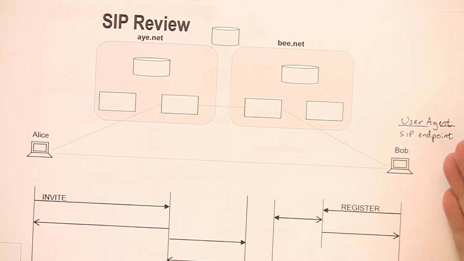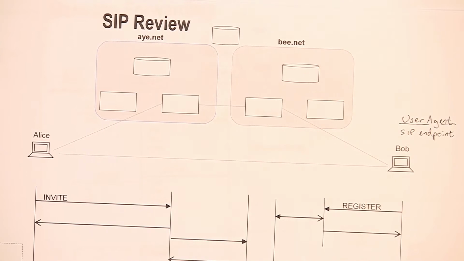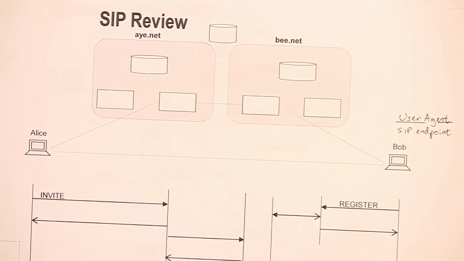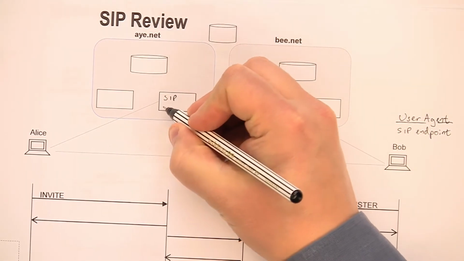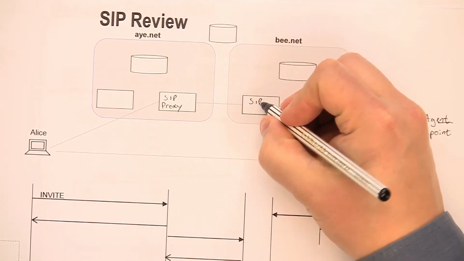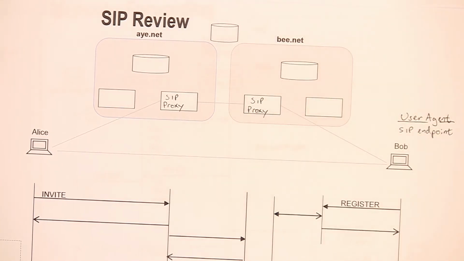So if this is an endpoint, where are the non-endpoints? Well, you can sort of see them in here, right? Those are SIP routers, but they're not called SIP routers in SIP, they're called SIP proxies. So let's put SIP proxy and SIP proxy like this.